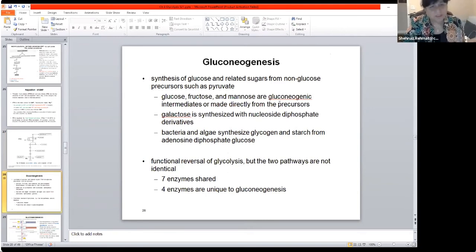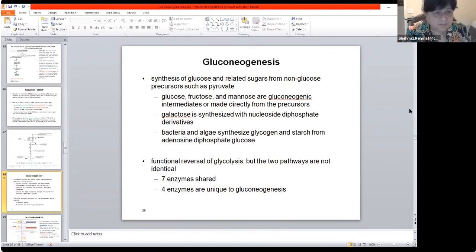Now coming to the process called gluconeogenesis, this of course is needed. Why? Because sometimes you give the cell no glucose, but you give them something else to go on, like fructose, mannose, or galactose, or you give them pyruvate itself. So the cell may have to synthesize, or reverse this pathway, to go up to glucose.